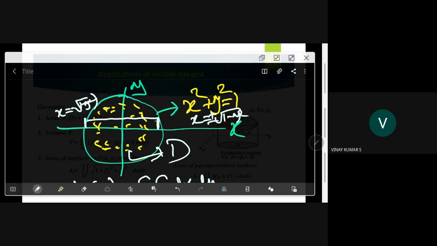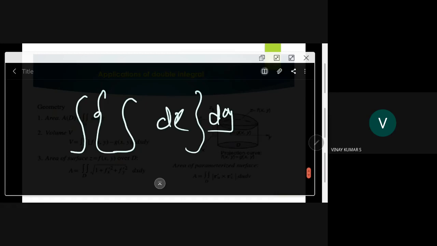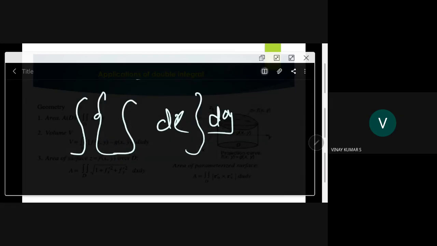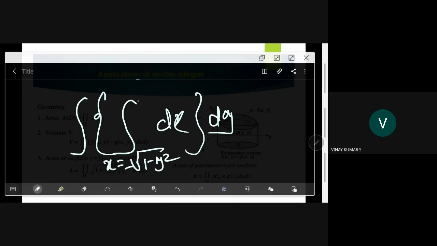Here x is plus root of 1 minus y square. So I write x from minus root of 1 minus y square to plus root of 1 minus y square.